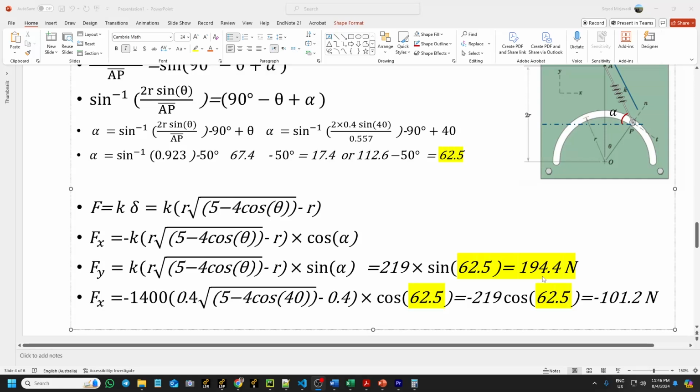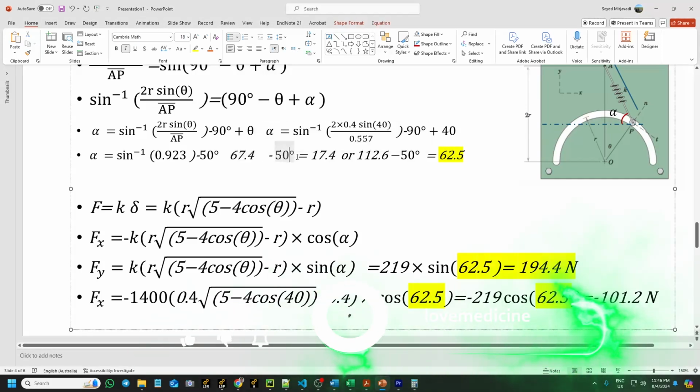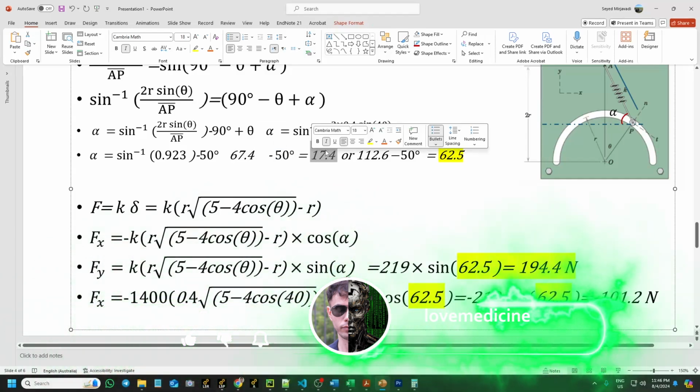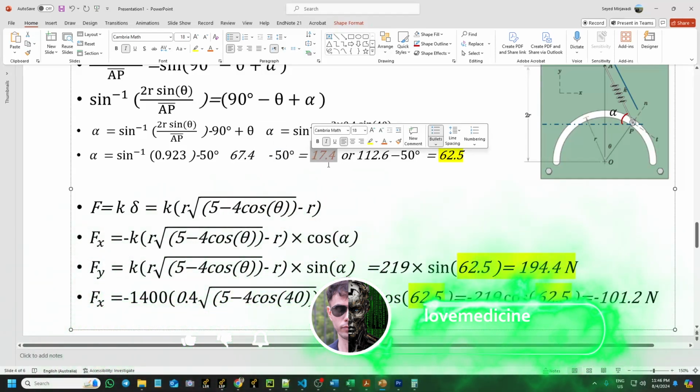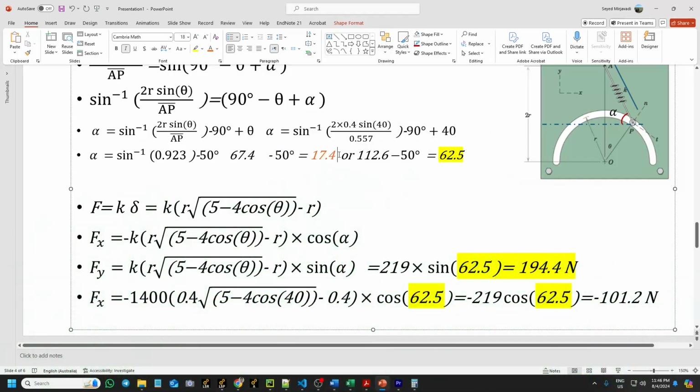Now my question is, why alpha cannot be this number? Actually minus 50, I forgot. Yeah, this 17.4. Answer me this question in the class.